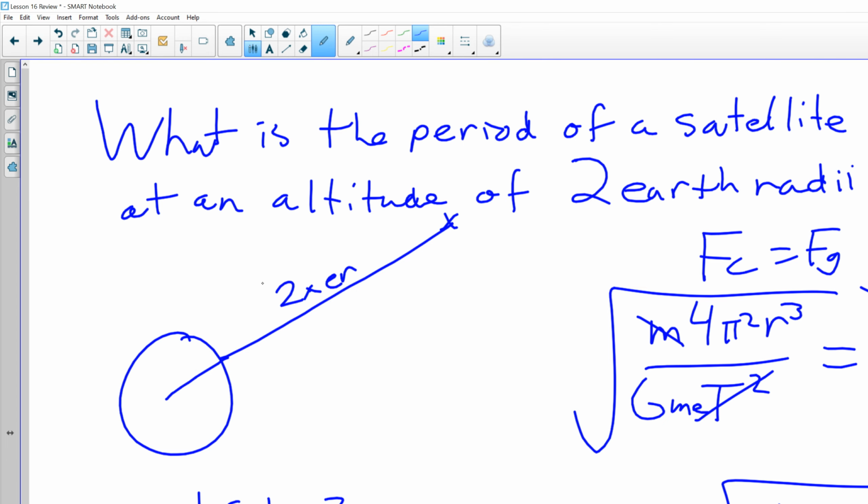All right. What was the other one I was doing? Artificial gravity.